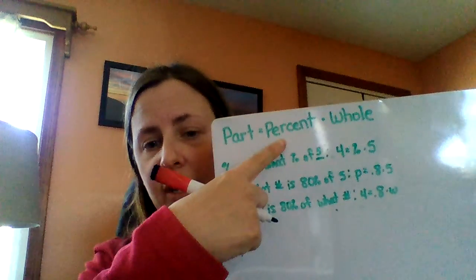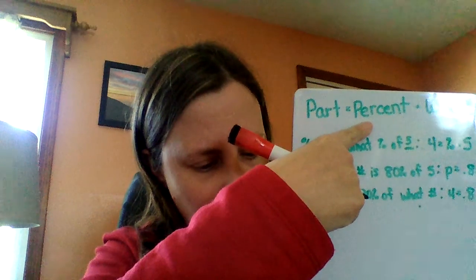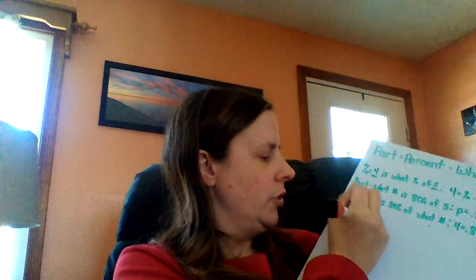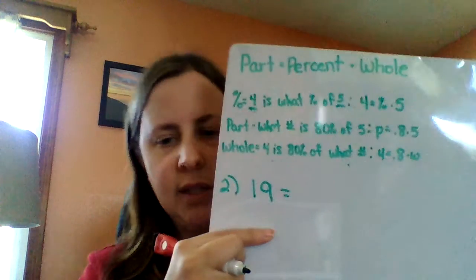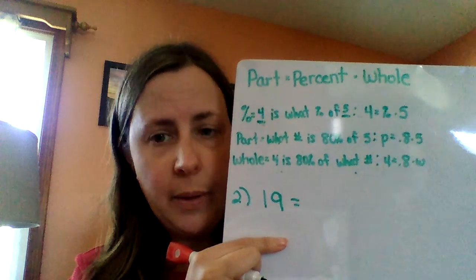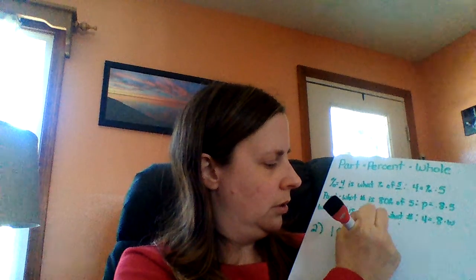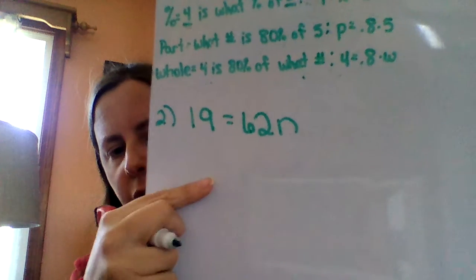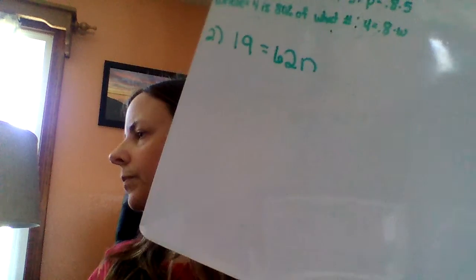My part for that one is 19. So number 2 is going to be 19 equals, my whole is 62 and my percent is n. So there is the equation that you're going to use for number 2.